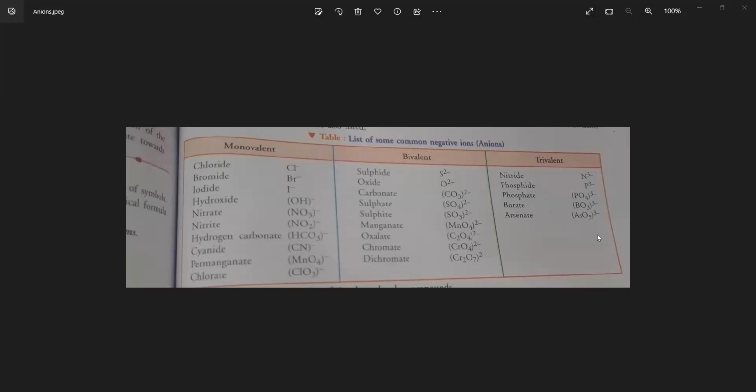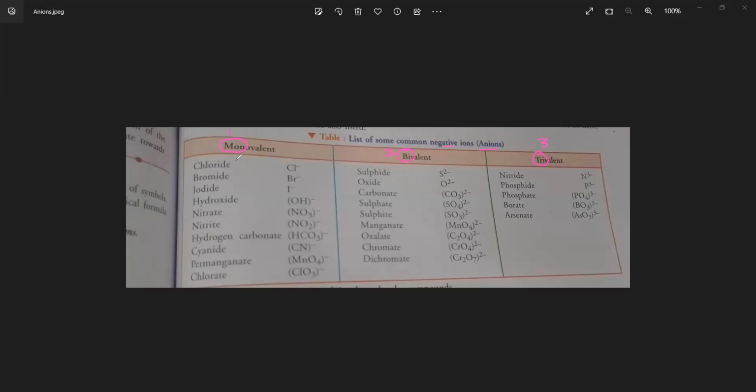For example, there can be monovalent anions, bivalent anions, and trivalent anions. Mono means one, bi means two, and tri means three. An anion is an ion with a negative charge.